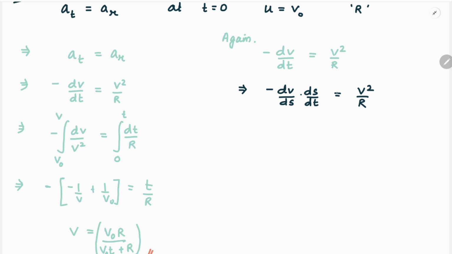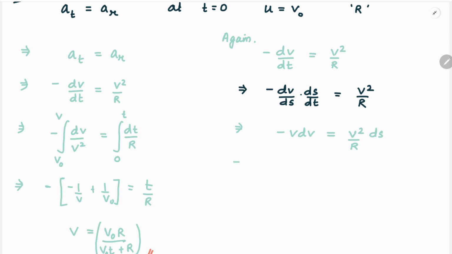Now this is going to be a very interesting line for us to understand. Without this we will not be able to change this expression in terms of distance travelled. Now over here we write this ds by dt term as velocity, and if we do so, we get minus v dv equals v square upon r multiplied by ds.